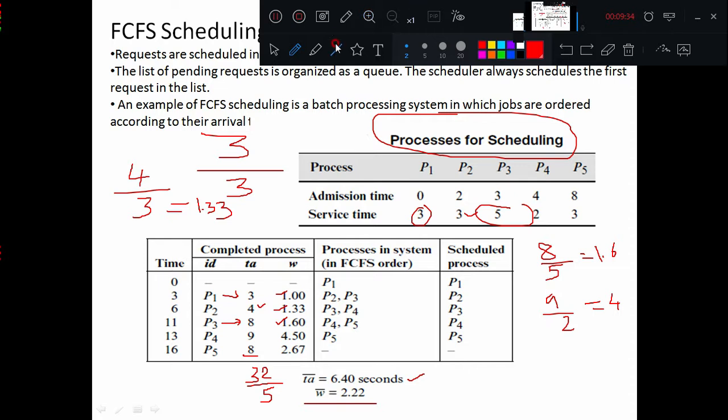Here they may change the admission time and the service time of a process. Accordingly, you need to calculate the second table, that is, the time at which the processes are entering and when they complete their execution, and you have to calculate turnaround times and weighted turnaround times along with these two columns, that is, process in the system in FCFS order and the scheduled process.